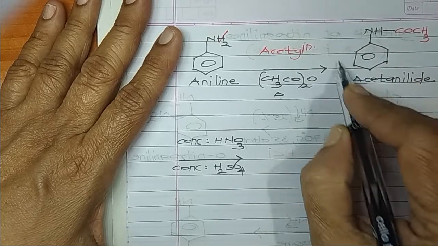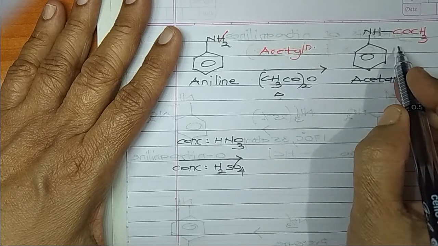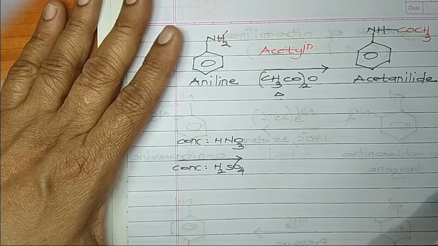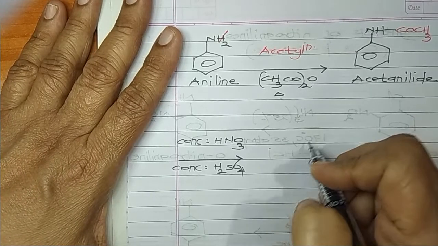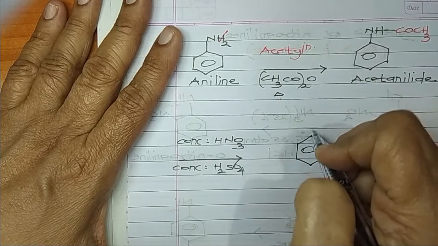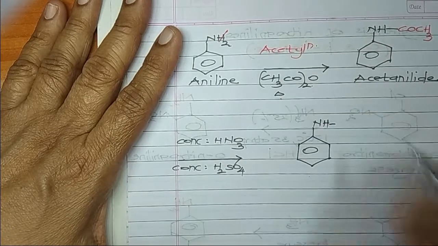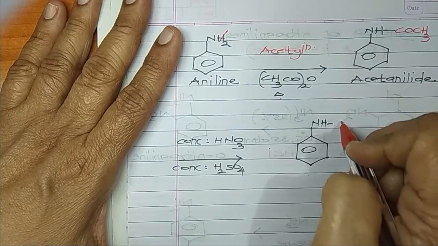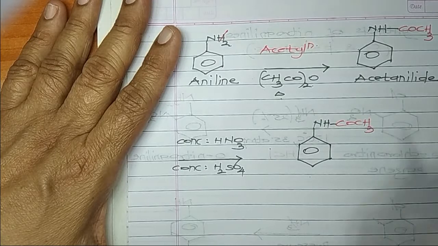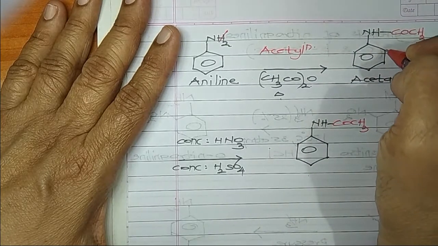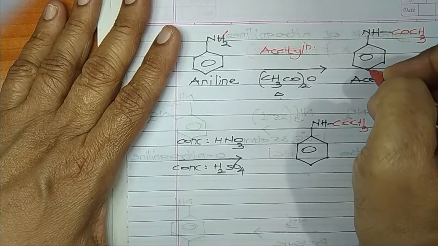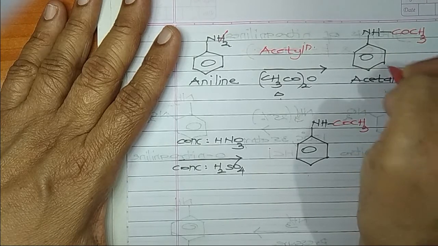Only the aromatic ring will be involved. So one hydrogen atom will be removed and we will replace it by a nitro group. Here my reaction will look something like this: aromatic ring, NH, and your acetyl group COCH3. The hydrogen atoms are preferentially removed either from the ortho position or from the para position, not from the meta.